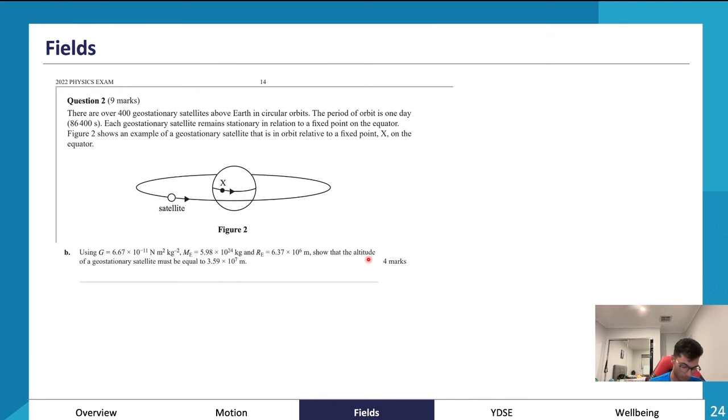Cool, so we have this question. This is the perfect time where you would be using your orbital motion formula. So 4 pi squared r cubed is equal to GMT squared.